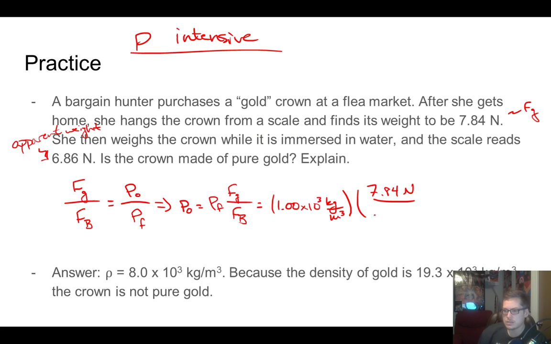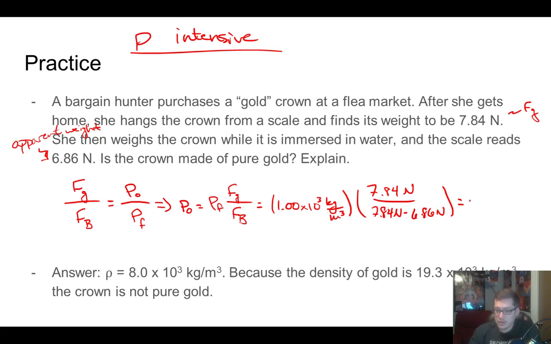So the weight, 7.84 newtons, minus the apparent weight, 6.86 newtons. All right, so we plug all that in. So we get 1,000 times 7.84 divided by 7.84 minus 6.86.